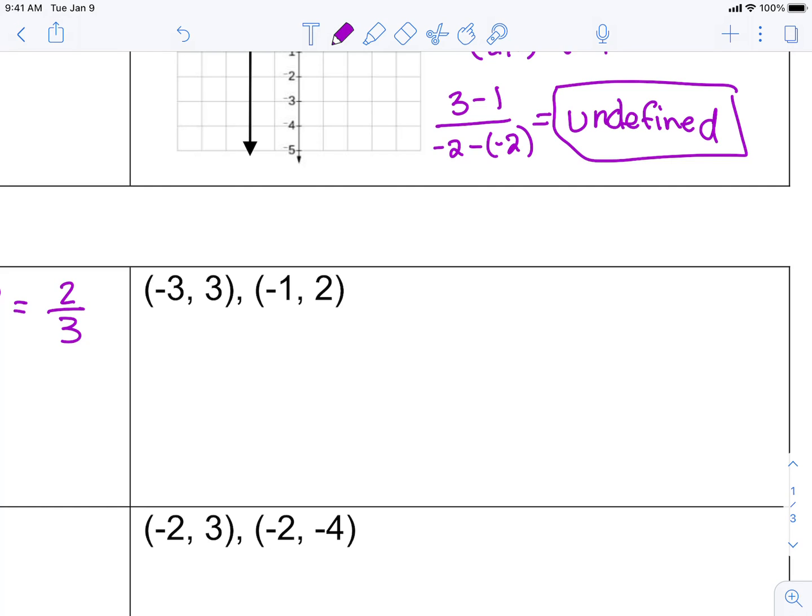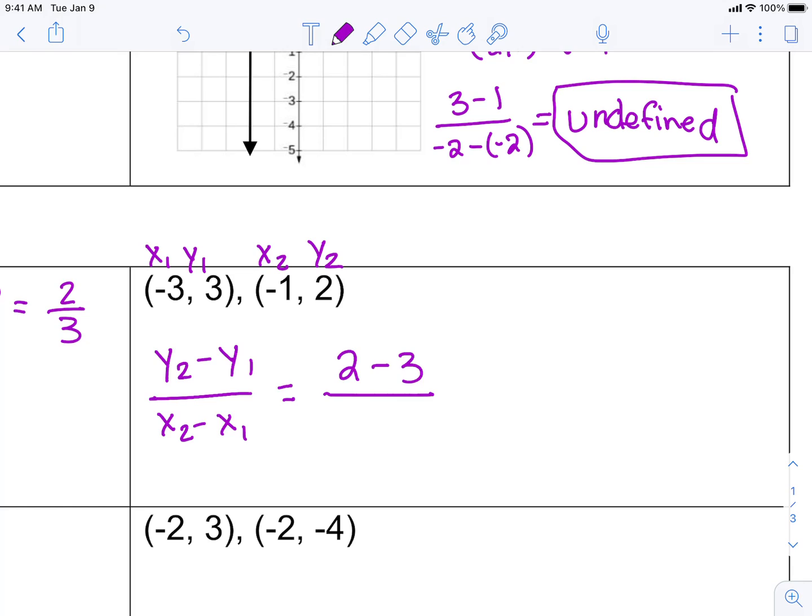So hopefully you paused it. Again, labeling X1, Y1, X2, Y2, and then we're just going to use our handy dandy formula, Y sub 2 minus Y sub 1 over X sub 2 minus X sub 1. It's really catchy, I know. So we have our Y2, which is 2, minus our Y1, which is 3, over our X2, which is -1, and our X1, which is -3.